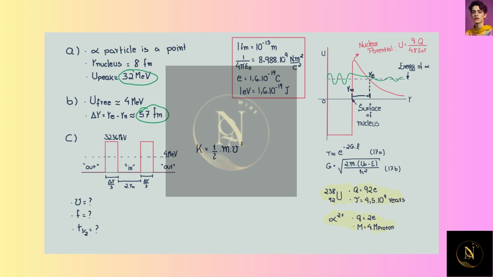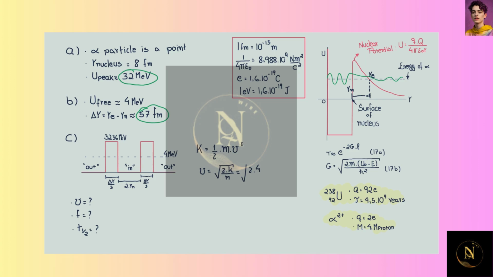Okay, now we solve this expression for the speed. This gives us the following. The speed will be given by the square root of 2 times the kinetic energy divided by the mass. Now we plug in the values that we have for those quantities. We have 2 times the kinetic energy, which is 4 mega electron volts, but we want a velocity in meters per second.